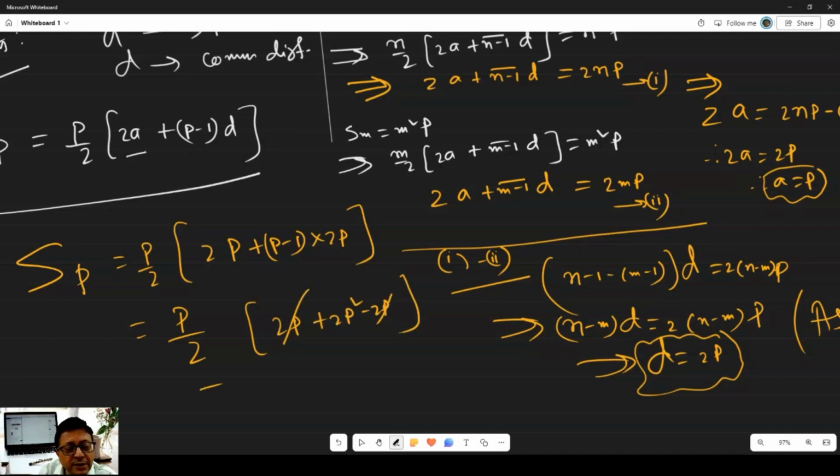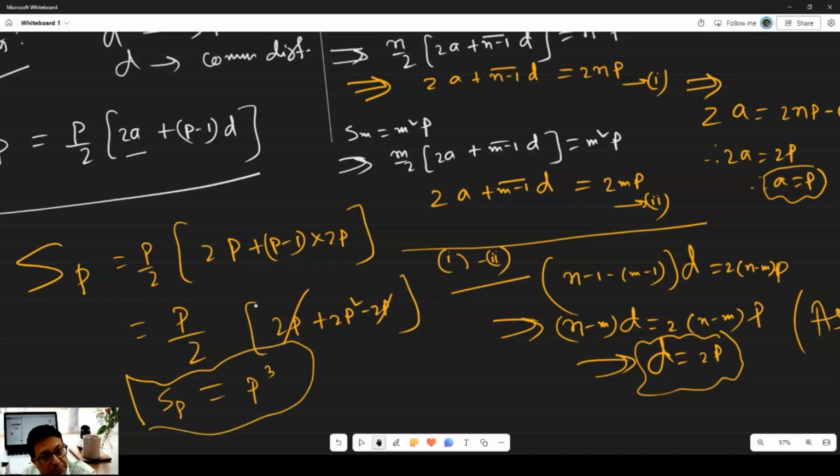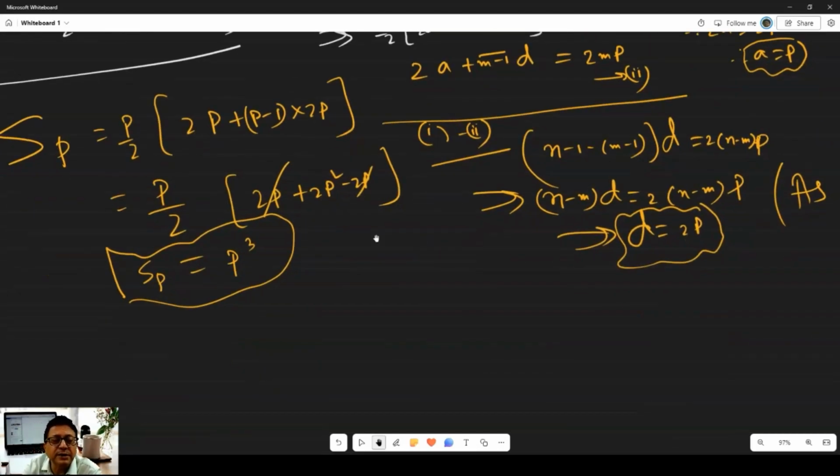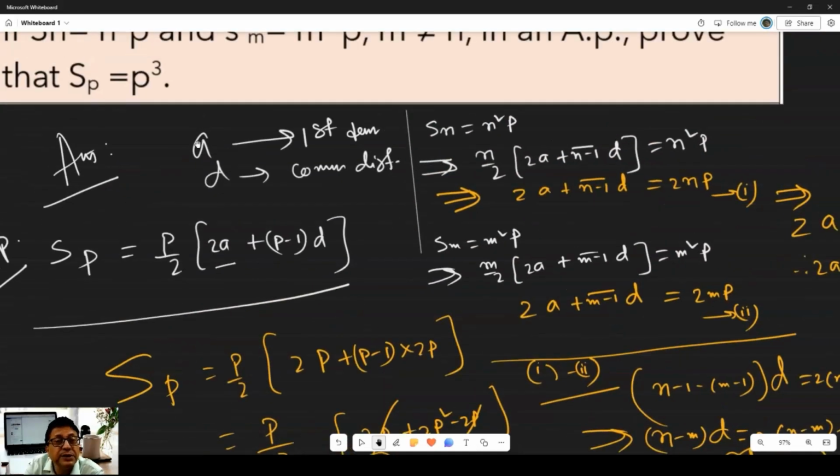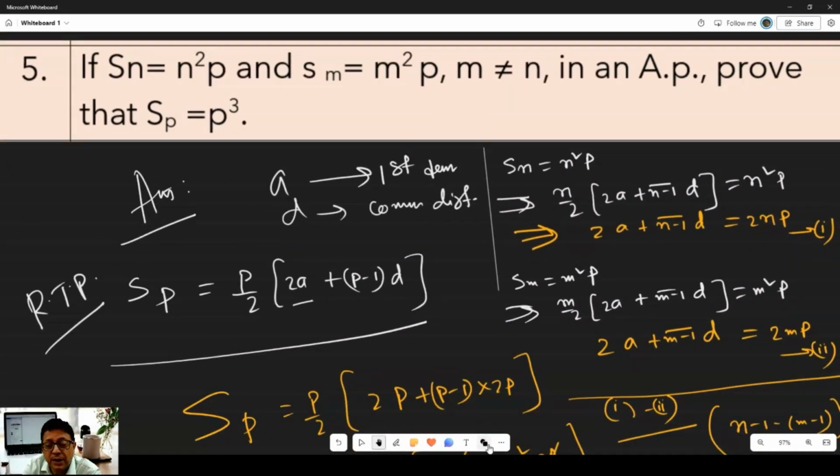These two get cancelled. So Sp I got pq. Isn't it? Sum of p terms I will get in the form pq. They asked you to prove this only. Check the sum and what you are supposed to prove, then everything will be clear. Hope you have understood.